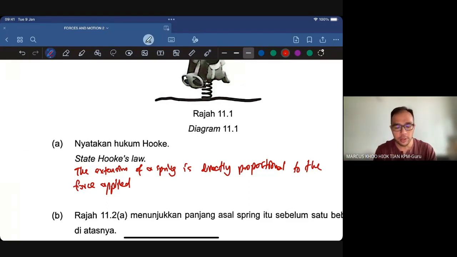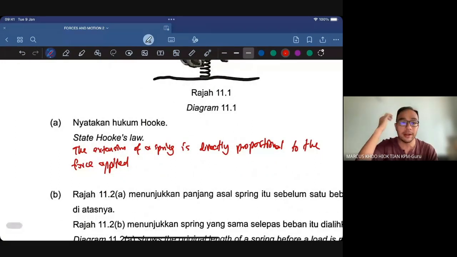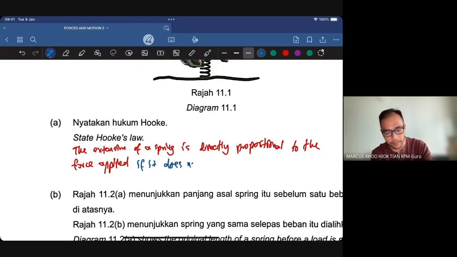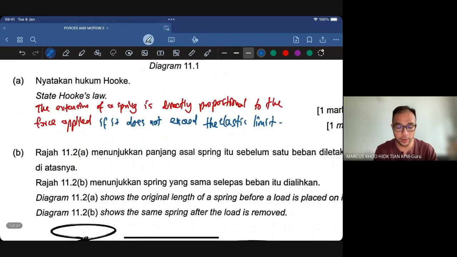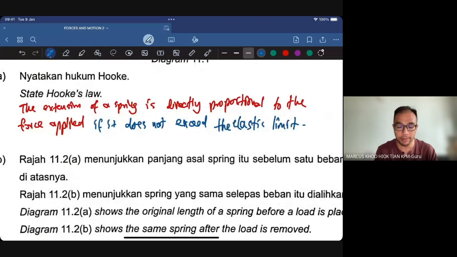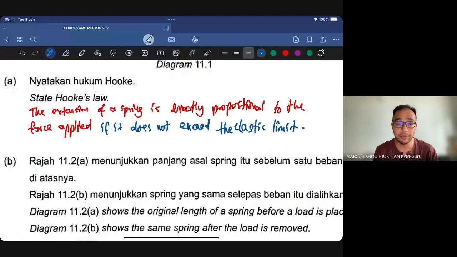Likewise with Hooke's Law, the relationship is the extension is directly proportional to the force, but the condition is as long as it does not exceed the elastic limit. So Hooke's Law: extension is directly proportional to the force applied if it does not exceed the elastic limit.